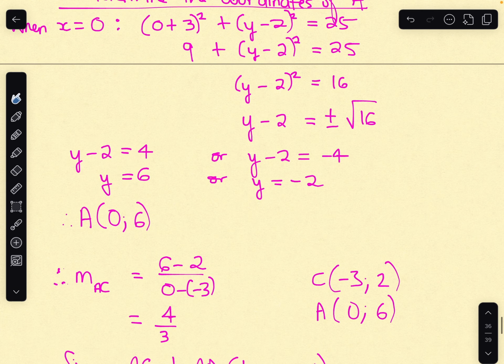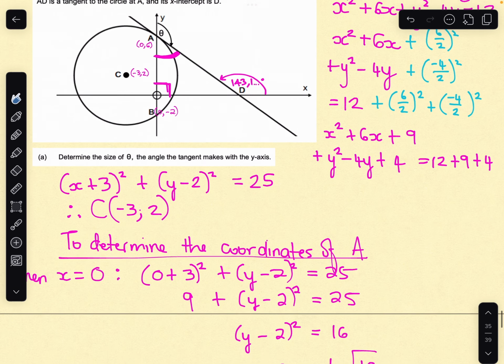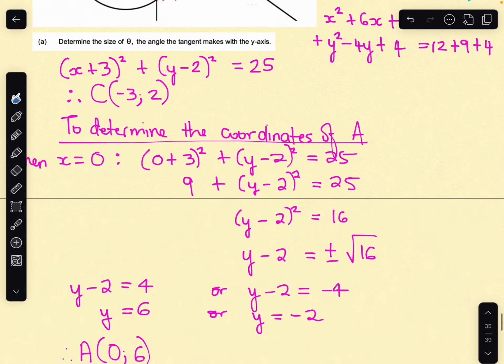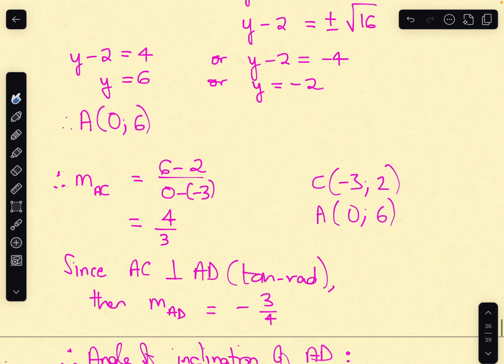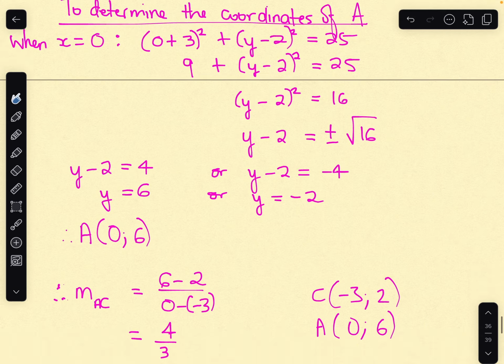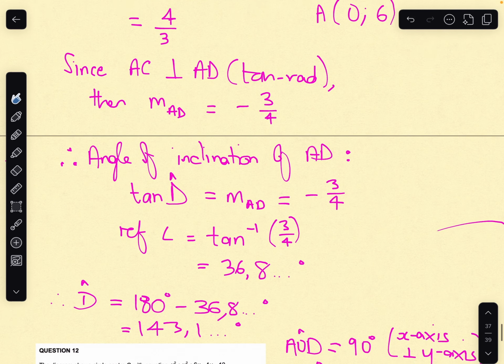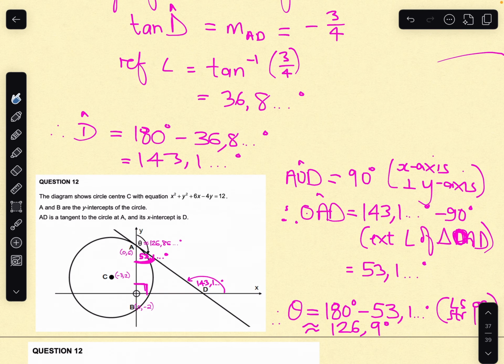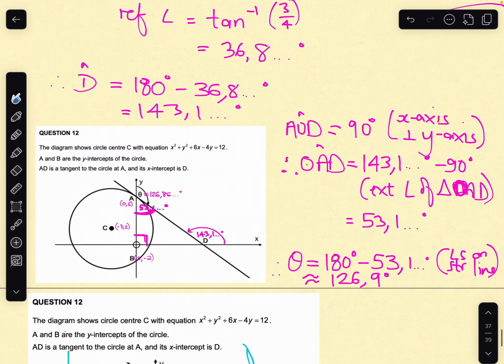Then we found the gradient of AC, and that gave us the gradient of AD, because these two are perpendicular to each other. We then used that to get the angle of inclination. From there we were just dealing with angles.